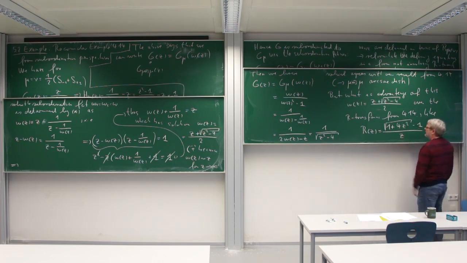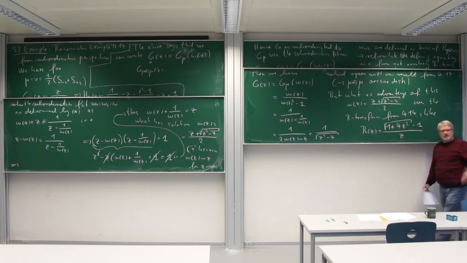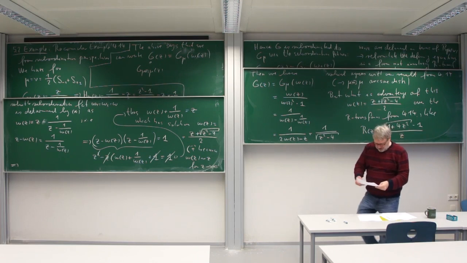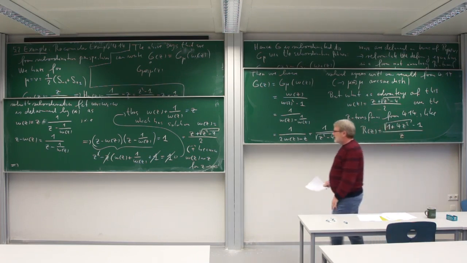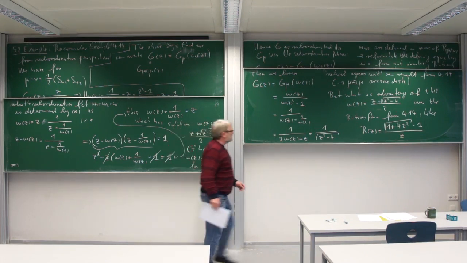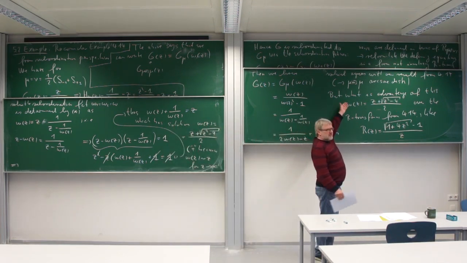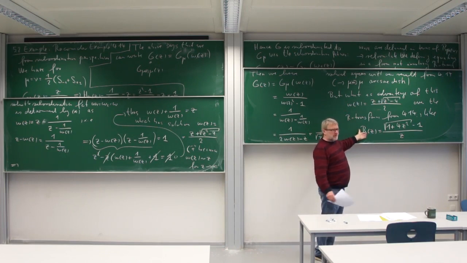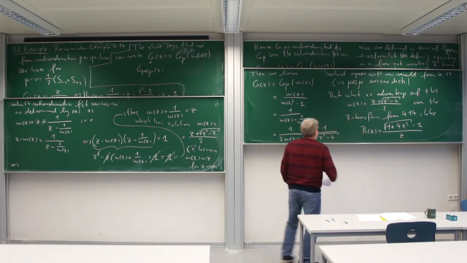So this was the solution. I mean, looks very similar, square root here, square root here. So what is really the difference? And the difference is that actually this can be extended to all of the upper half plane, but this cannot be extended to the upper or the lower half plane.